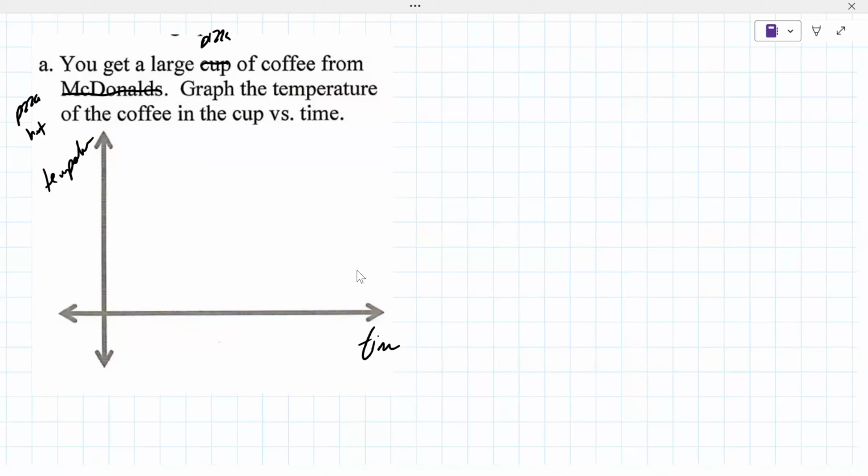Probably something starting off at the top of the y-axis. Now here, this is also an acceptable answer. But I do something like this. Sure, that's okay. Does it actually get to 0 degrees? I mean, depends if you put it in the fridge or not.